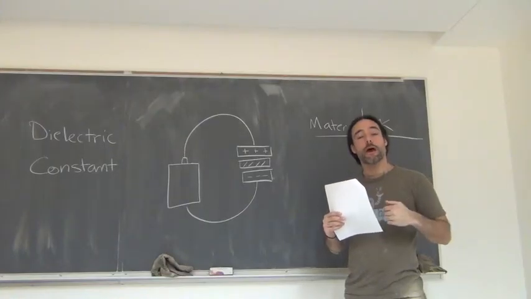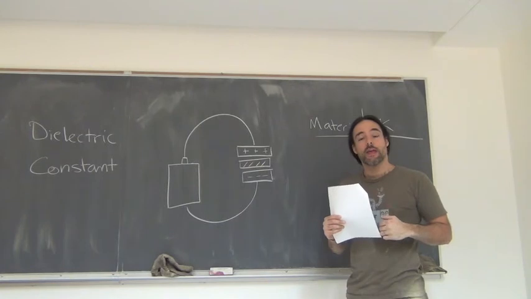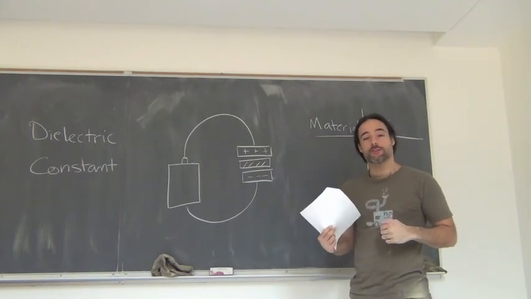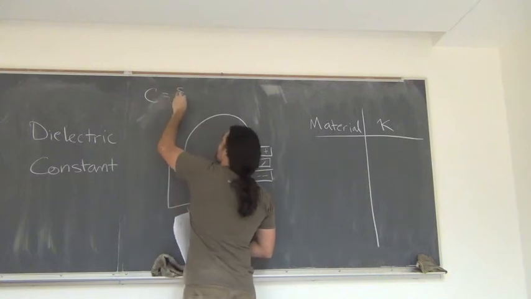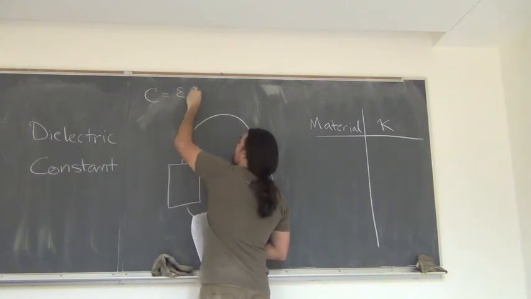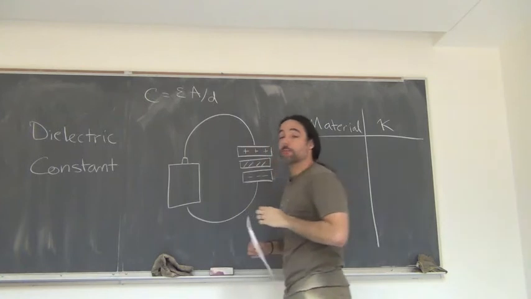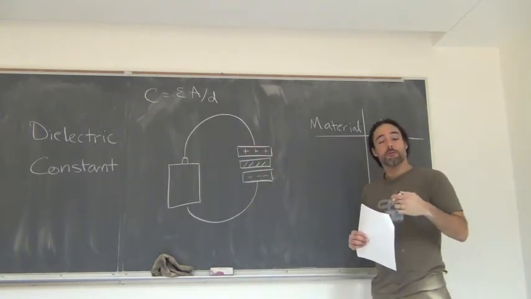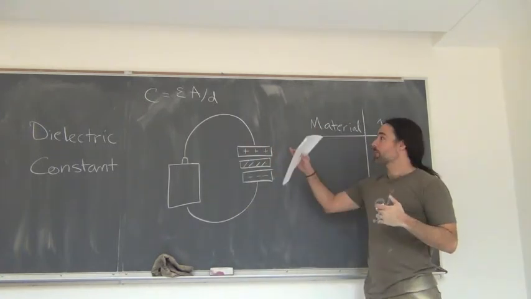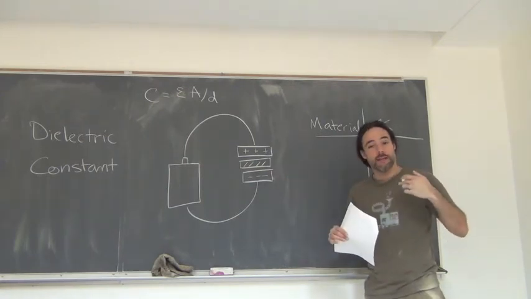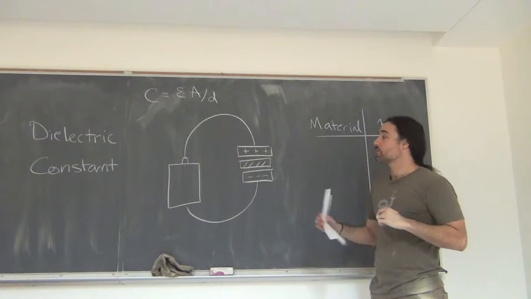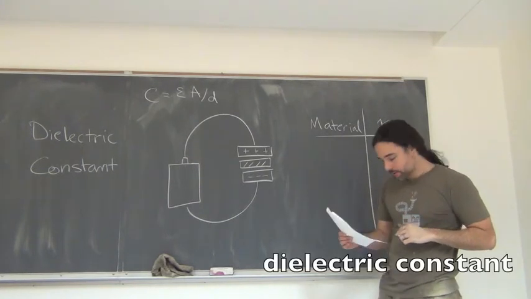So we talked about the permittivity and how for a parallel plate capacitor, the capacitance is given by the permittivity times the area divided by the distance between the plates. Well, permittivity is one way of representing how a material will respond in a capacitor. There's another way known as the dielectric constant.